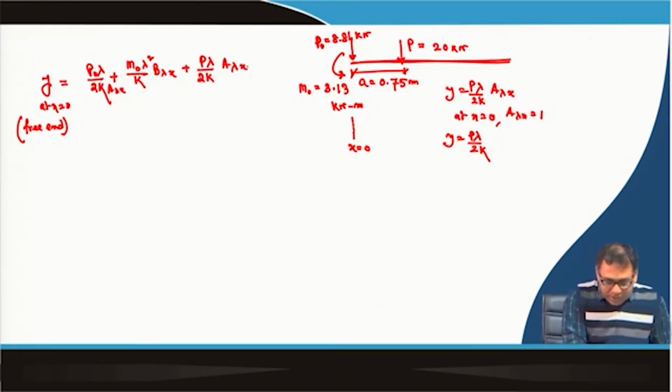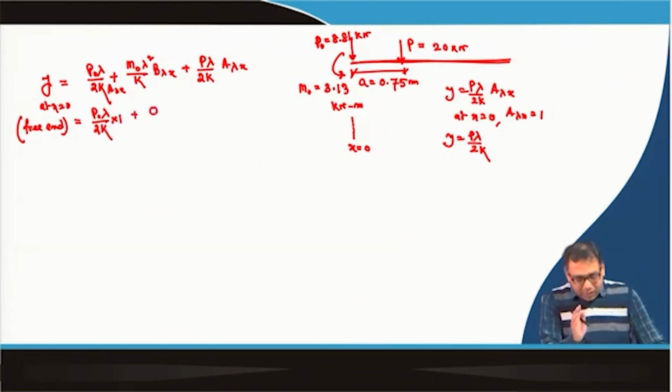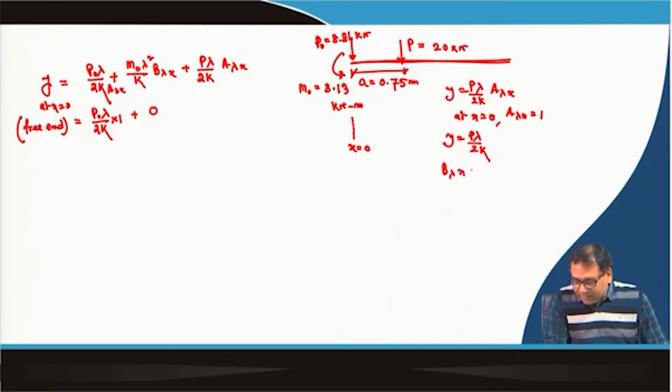Okay. So, now I can write at x equal to 0, because P0 is acting at x equal to 0, and I want to determine the y at x equal to 0. So, I can write P0 lambda by 2k into 1, plus this is 0, because b lambda x is equal to e to the power minus lambda x, then sin lambda x.